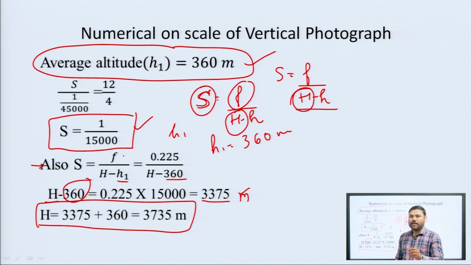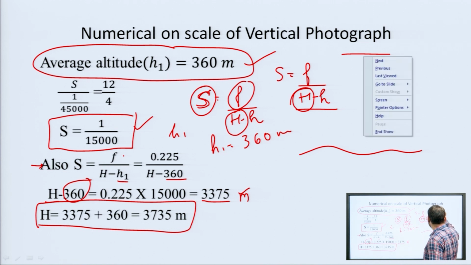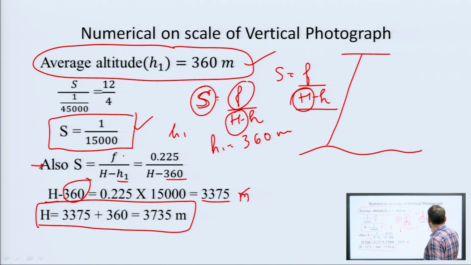Again, by figure we can also discuss all these equations once again. Here, assuming this is the datum, this is the aircraft, and these are basically the images that are obtained.